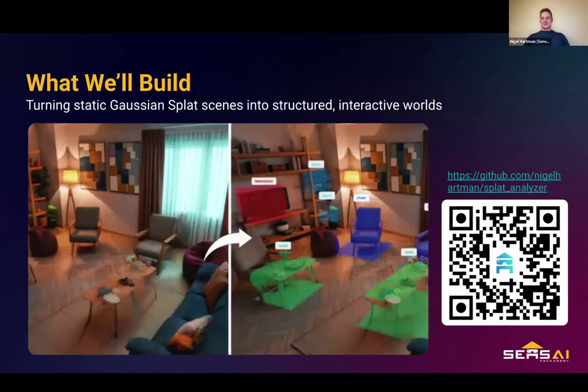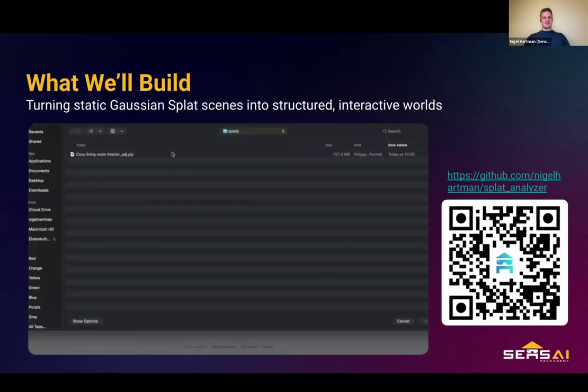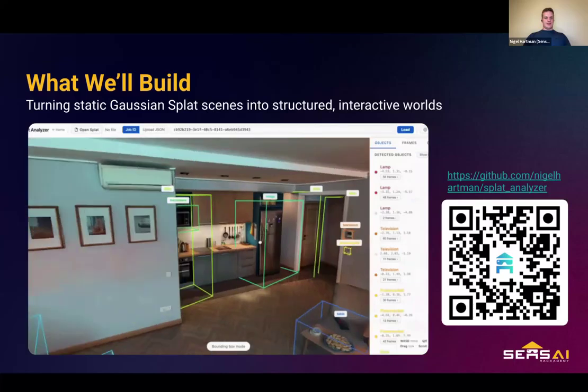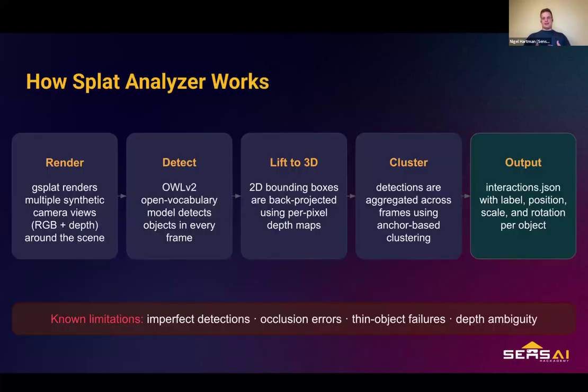And I'm really looking forward to seeing all the cool use cases you build with that at the upcoming events. And exactly, before I show you more, I just wanted to share with you shortly how the Splat Analyzer really works.